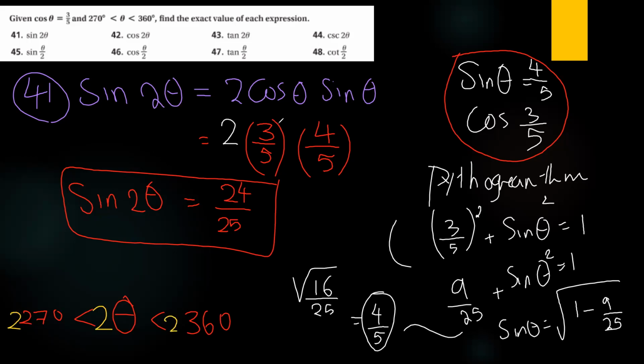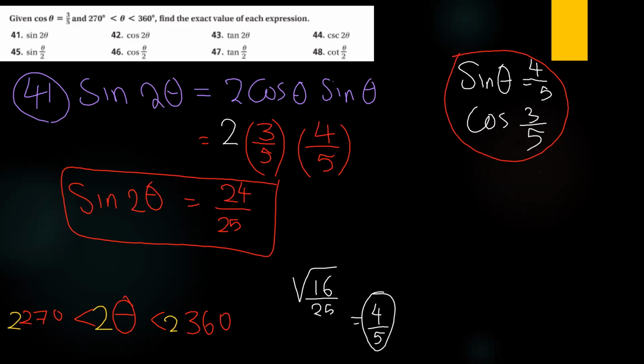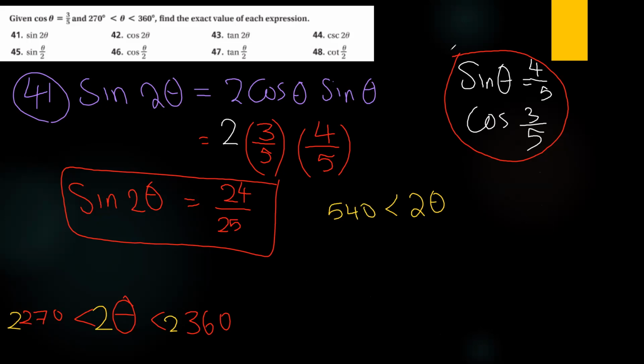Where 2 theta lies. So after this, you will find that the angle 2 theta is between 2 times 270, which is 540, and 720.